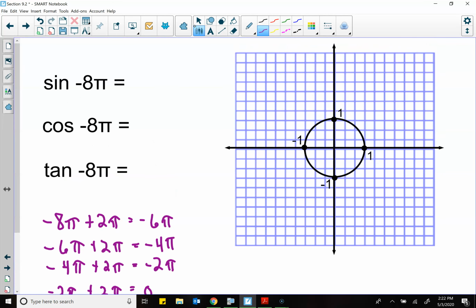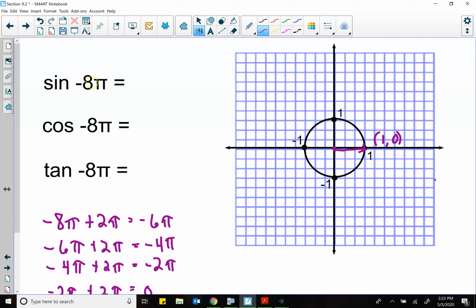So we know that our angle looks like that. The terminal and initial ray are right there on the positive side of the x-axis, and we know that we're dealing with the point (1, 0). And now you can answer your questions. Hopefully you thought coterminal. If not, now you've got all the information you need.